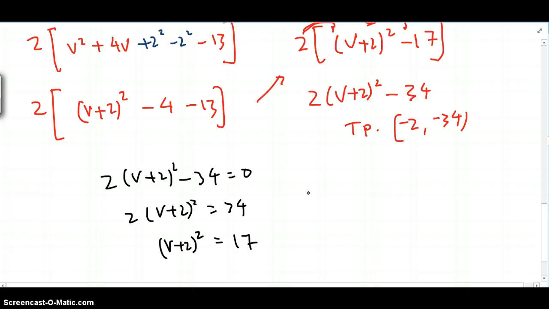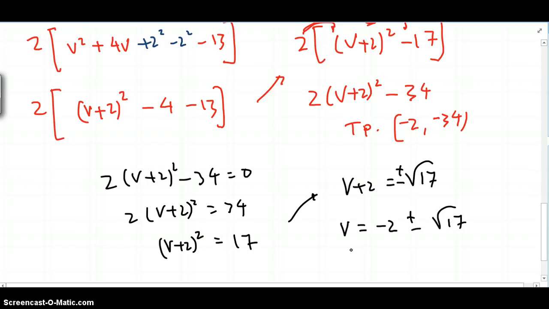If we take the square root, this becomes v plus 2 equals the square root of 17. But remember, whenever we take the square root, it's going to be plus minus. And so v is equal to minus 2 plus minus the square root of 17. So therefore, your two solutions will be minus 2 plus root 17 and minus 2 minus root 17.